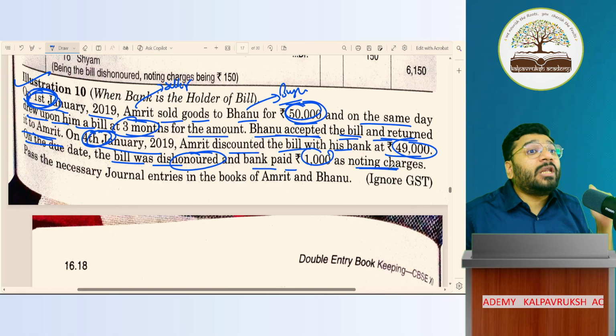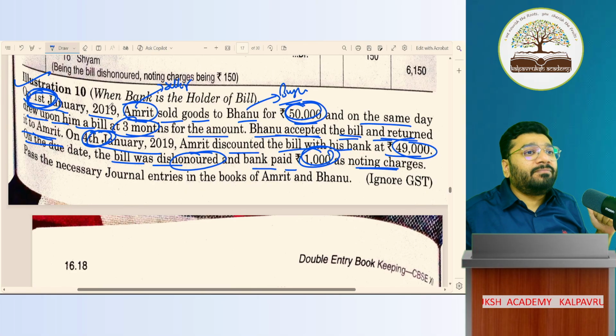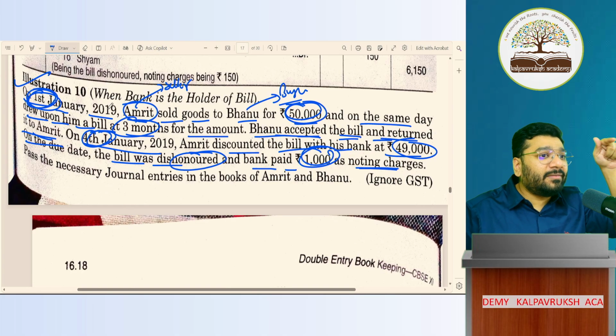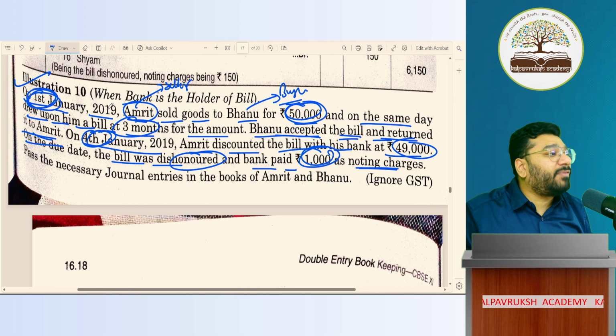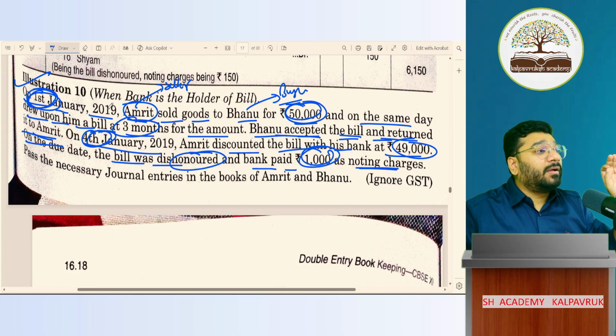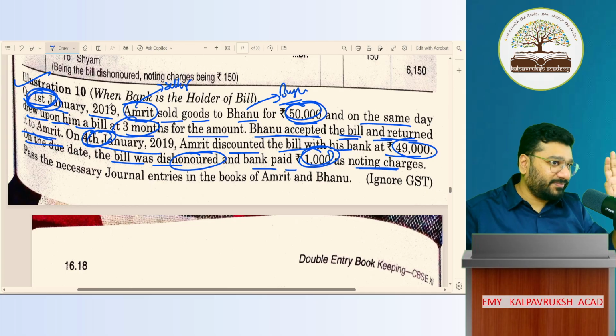So the banker will bring the notary public and pay 1,000 rupees from his pocket. Banker will recover this money from whom? Amrit, because this bill was given to the banker by Amrit. Amrit in return will recover money from Bhaskar. Got it? Not got it? Okay. Bhaskar, sorry, Bhanu. Happy now?